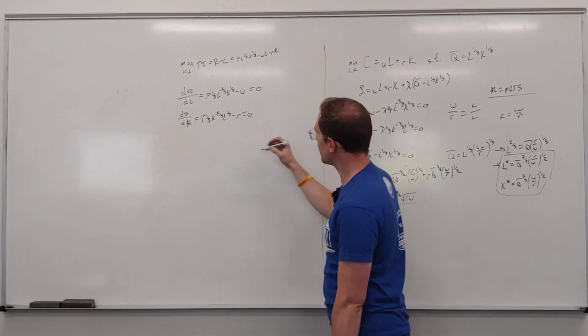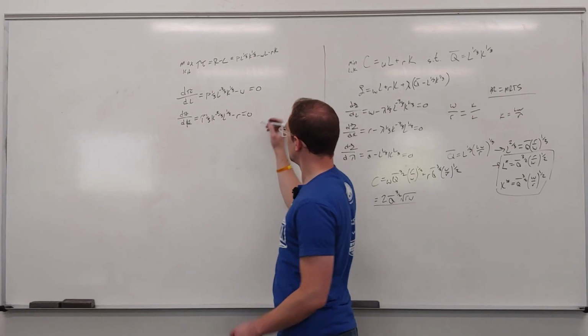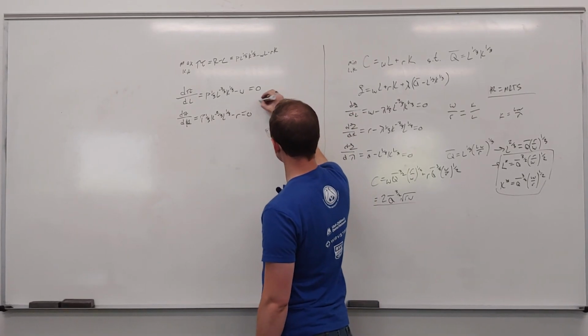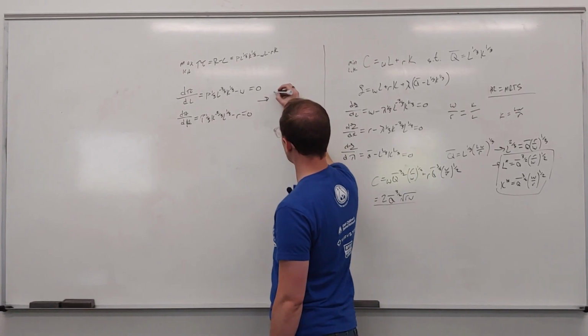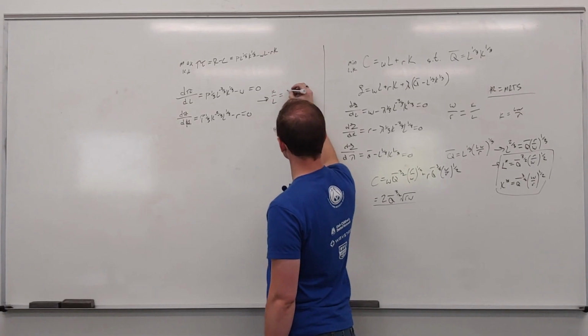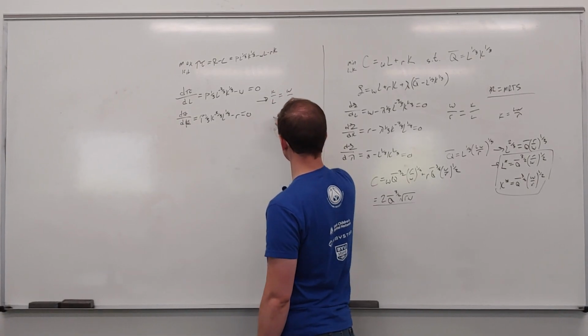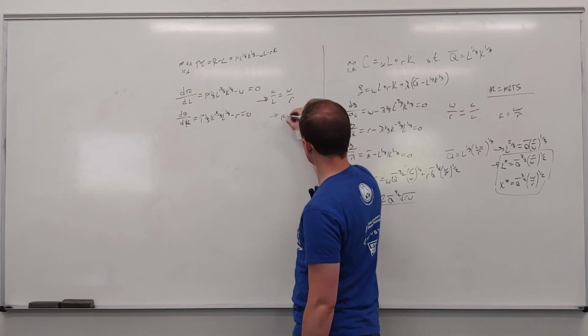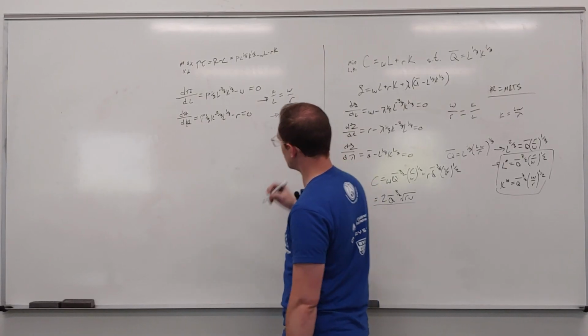So if we go ahead and solve this, we can actually get rid of P in this instance, and that will just leave us with the conclusion that K over L equals W over R. So we reach that same conclusion, and we can solve for K, which is LW over R.